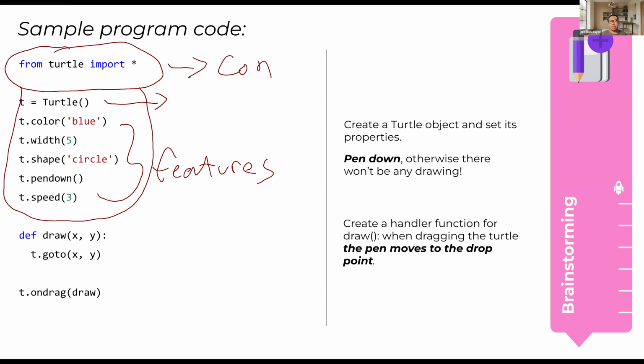Okay. And if you see in here, our custom function for drawing is basically using the goto function from Turtle. This function allows you to move to another location. So this is simple. This is just this for our draw custom function. You got it? Yes. Okay.